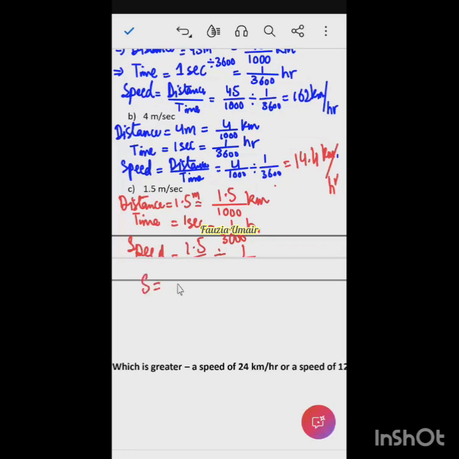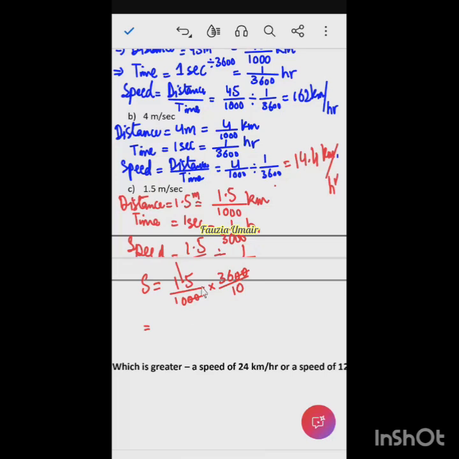Speed is equal to, so I will change this division sign into a multiplication sign. 1.5 by 1000 multiplied by 3600 by 1. These two zeros are gone, right? Remove the decimal from 1.5 and you will get a 10 here. So we have 15 into 36 on the top.